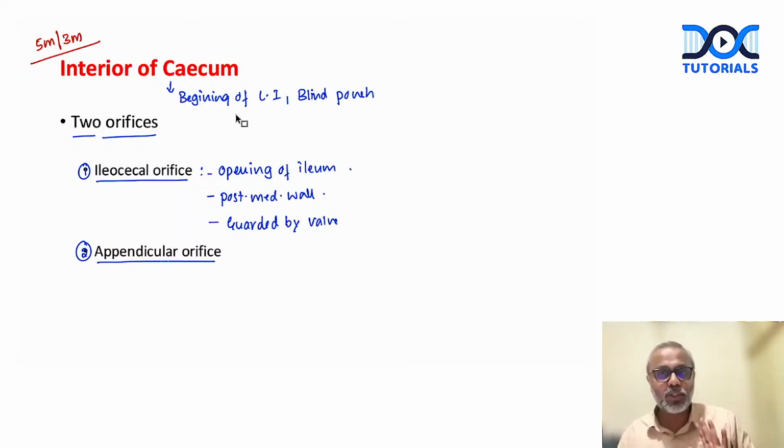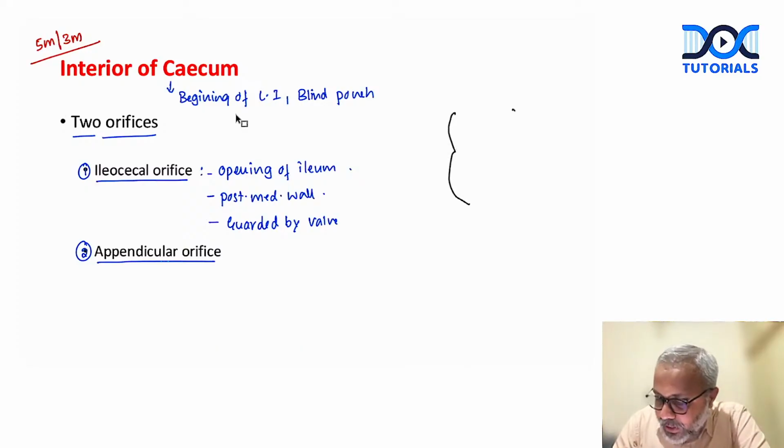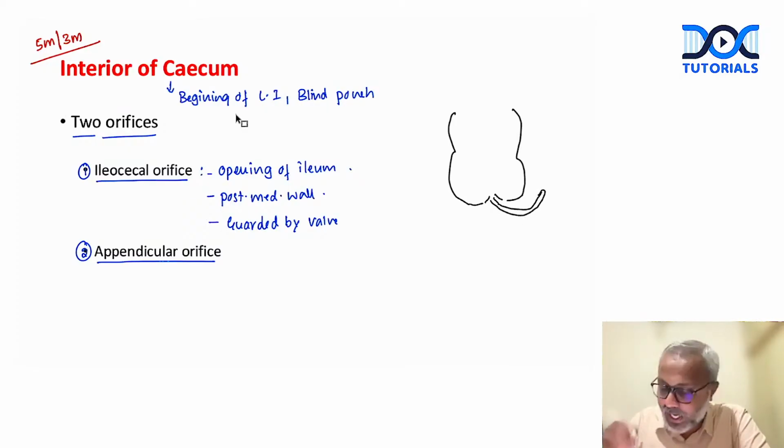Now let's try to draw the outline, okay? So imagine this is the outline of the cecum, right? And let's imagine we have the vermiform appendix arising from this, right? So the ileum will open into the cecum.